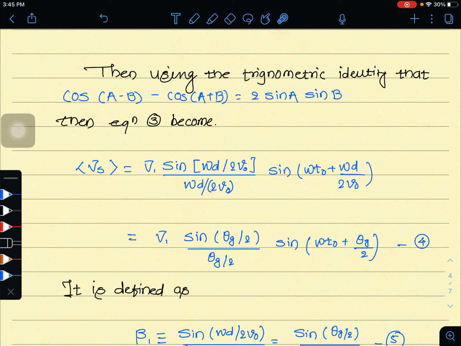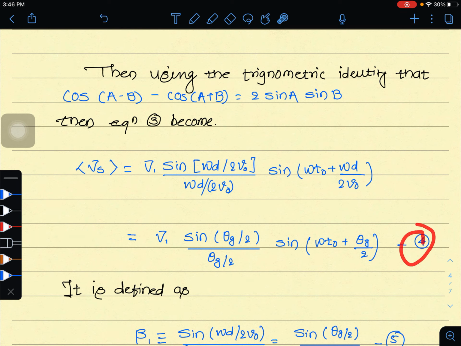We know omega d by twice v0 is nothing but theta g by 2. So this equation is nothing but V1 sine of theta g by 2 divided by theta g by 2, times sine of omega t0 as it is, plus omega d by v0, which is replaced by theta g, divided by 2.